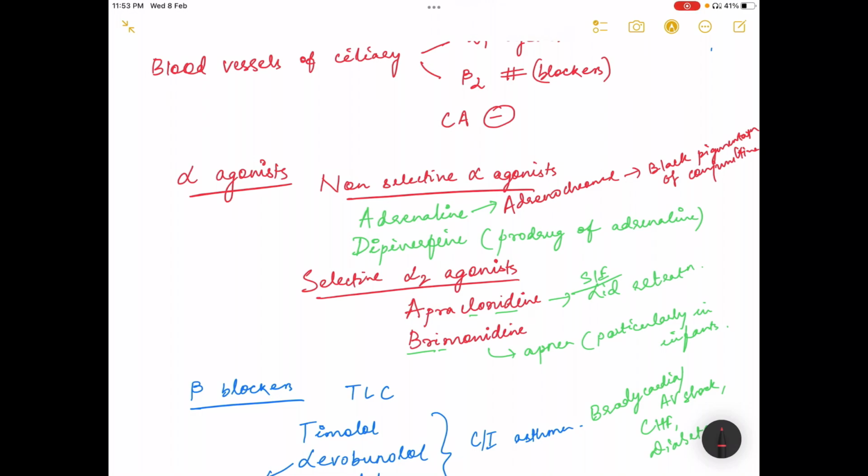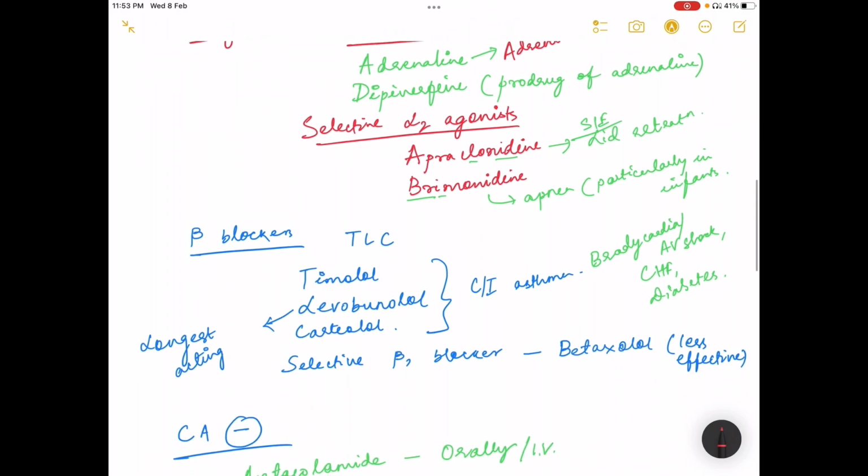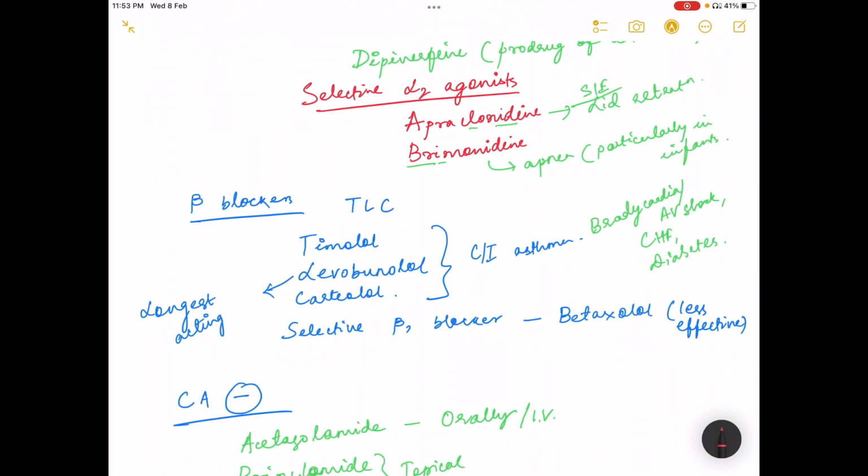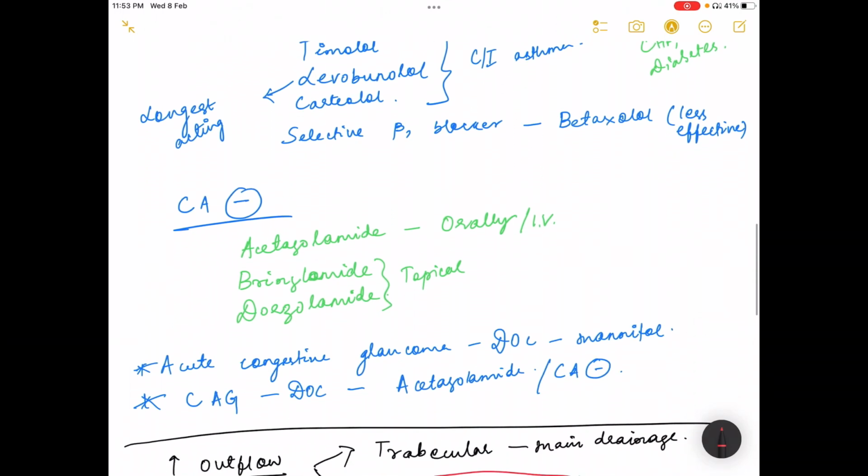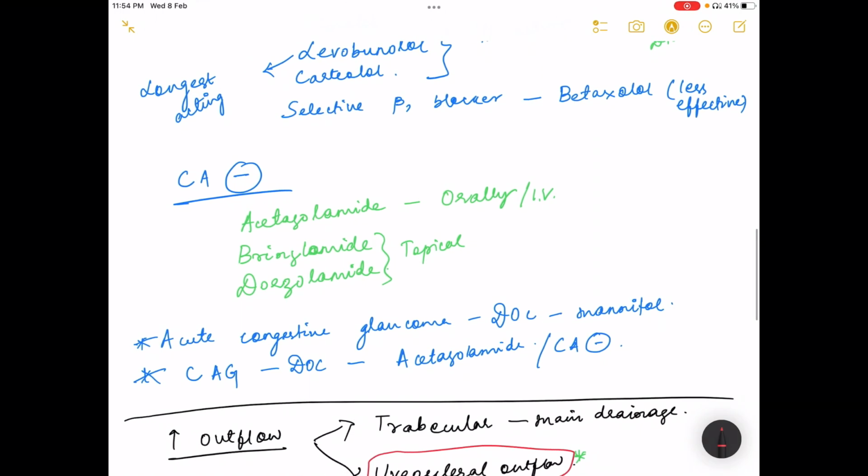Apraclonidine causes lid retraction, and brimonidine causes apnea, particularly in the newborn.